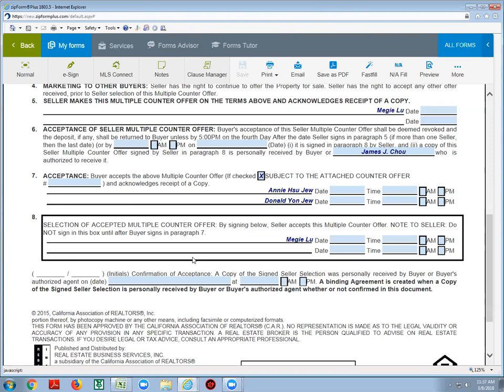But you have to make sure, before you send the counter and withdrawal counter, that you notify the buyer's agent right away.